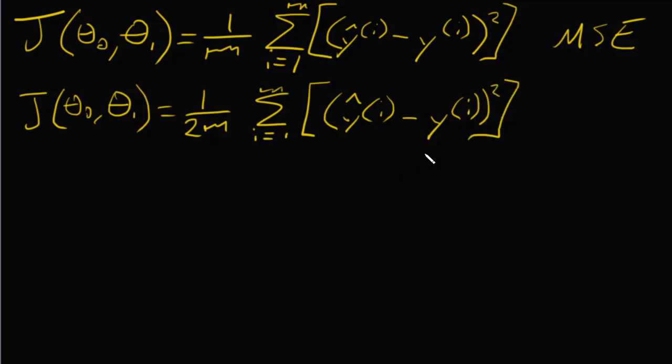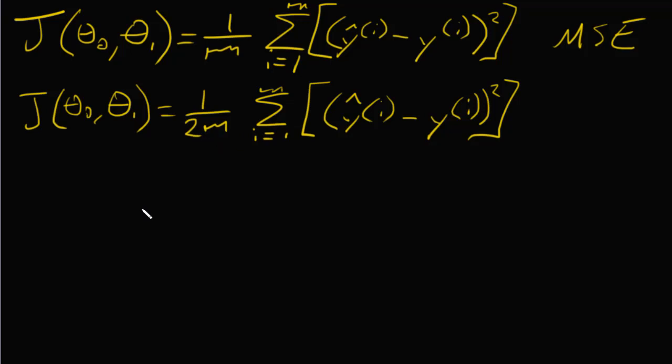Okay, so this right here is our function with now a 2 in front of the m, and we have that 2 there for reasons that you'll see in the next video. It's for the math, the calculus, makes it a little bit easier to have that 2 there.